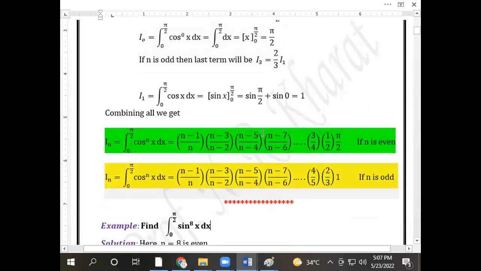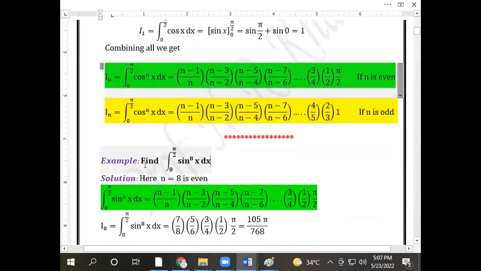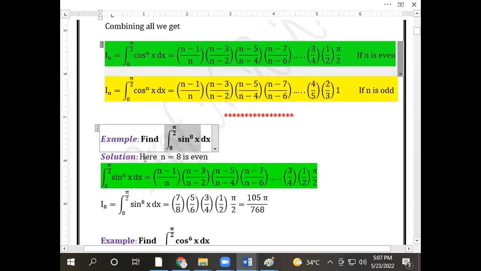So by using the above reduction formula, we can find the solution for some standard examples. The integration of this particular sine with index 8, x dx, limit goes from 0 to pi by 2. When we compare this, here n is equal to 8 and 8 is even. We know that for even, the formula is this.